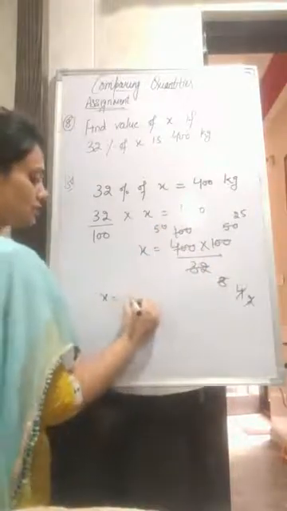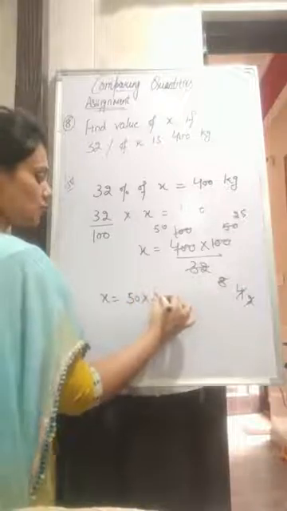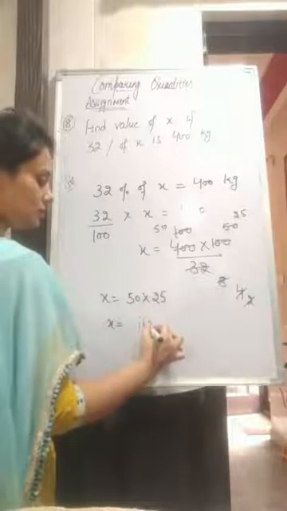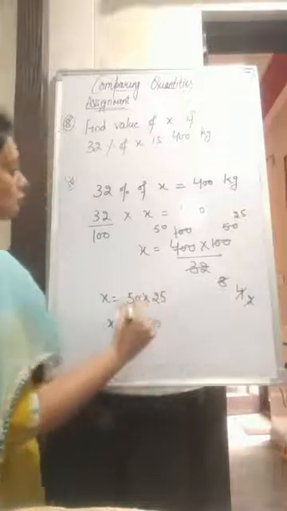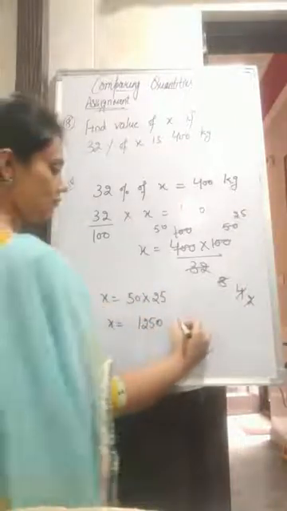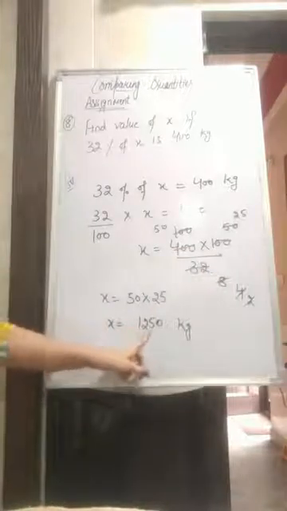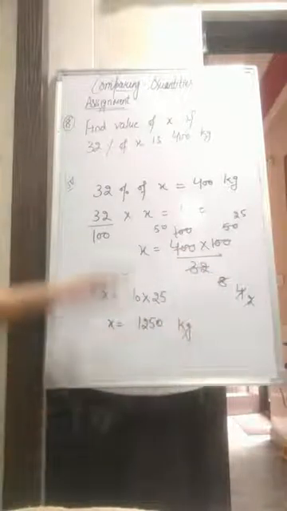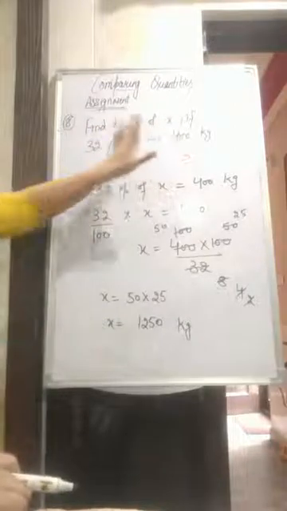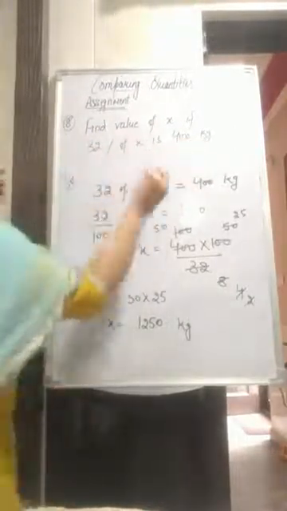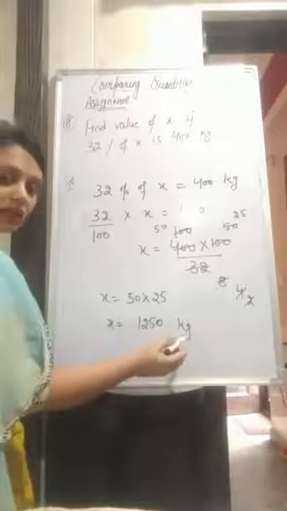So x is 50 into 25, so x is 1250 kg. We have to find the value of x. When 32% of x is 400 kg, it means the total quantity is 1250 kilograms.